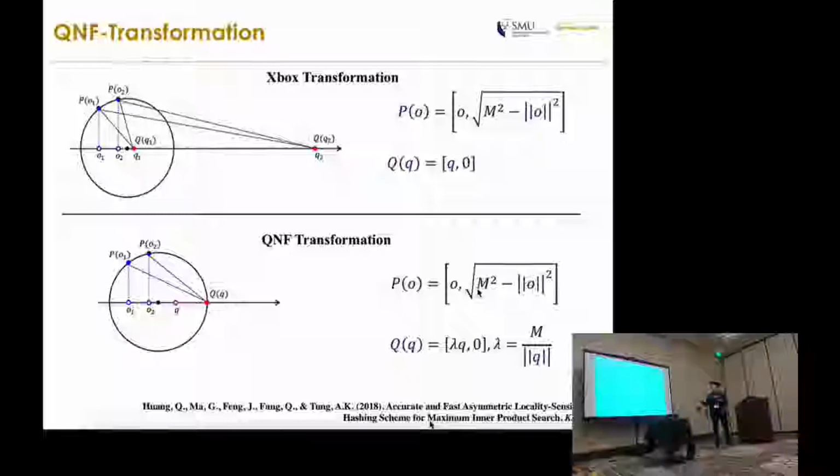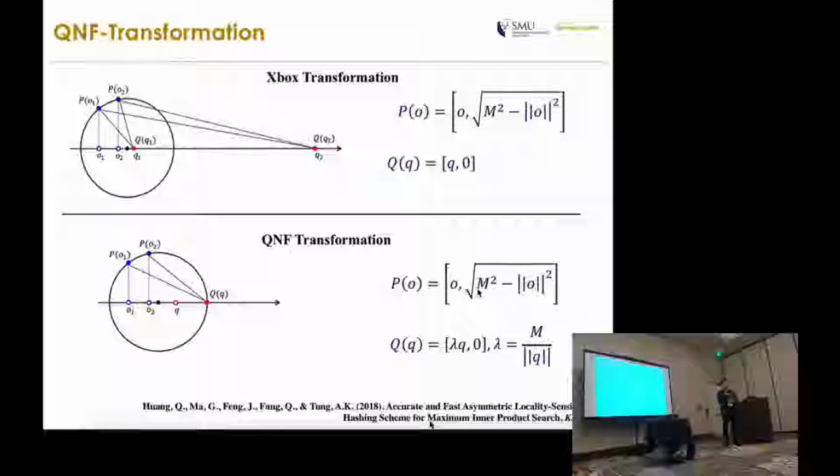Because of this, the distance between the new query vector and the new data point vectors is not too much different as compared to the distance between the original query vector and the original data vectors. This means that the new transformation better preserves the ranking of the data points as compared to the original query vectors.